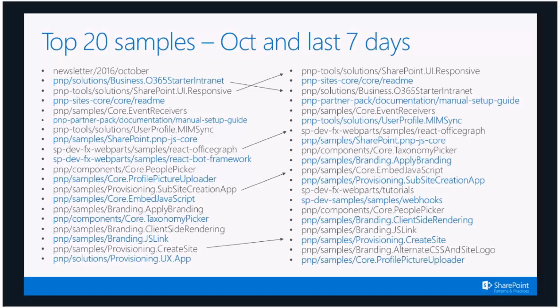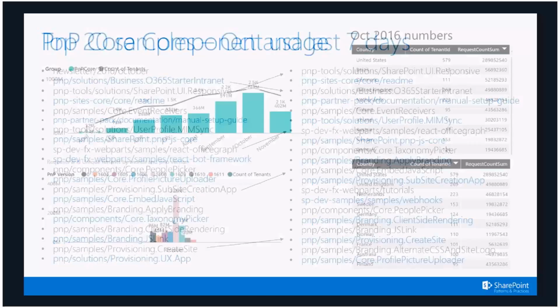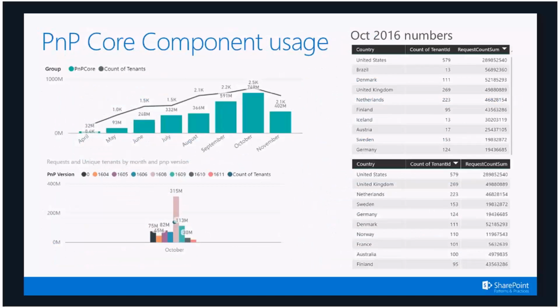So let's have a look at some additional statistics, just to walk through what we are collecting. From a PnP Core component perspective, we are collecting the number of tenants and the requests which are coming across the tenants as well. Because PnP is owned by SharePoint Engineering, we do have access to the logging on the SharePoint Online site, and we're able to trace back on the usage.